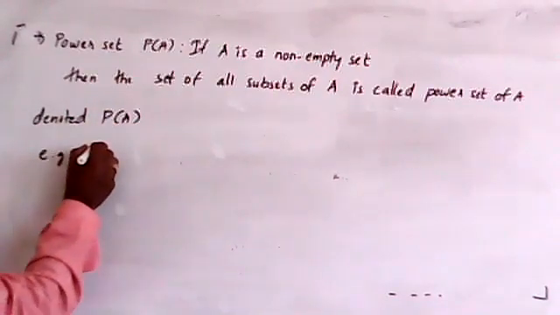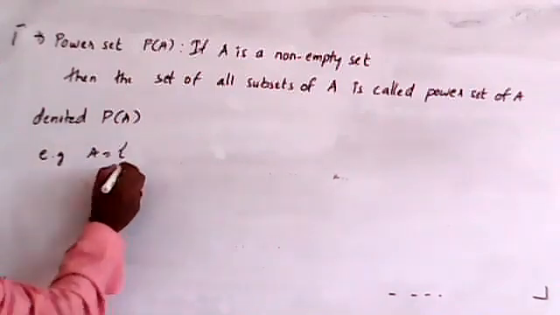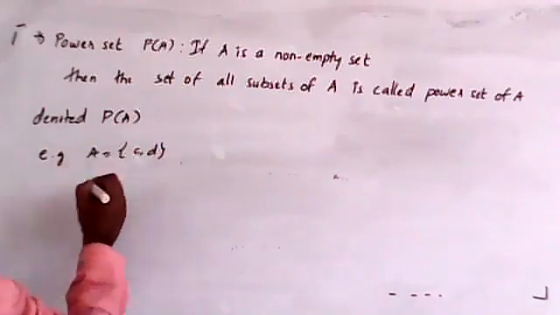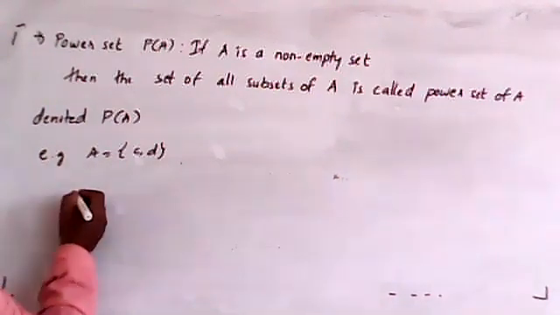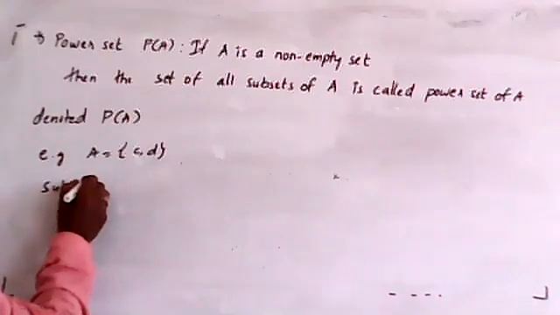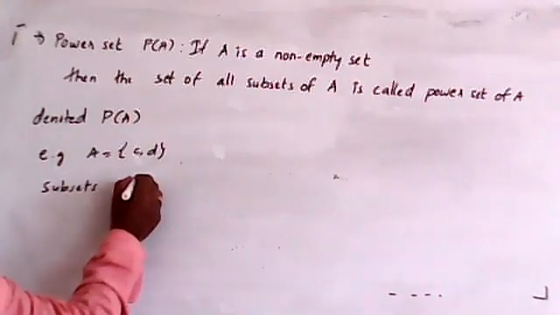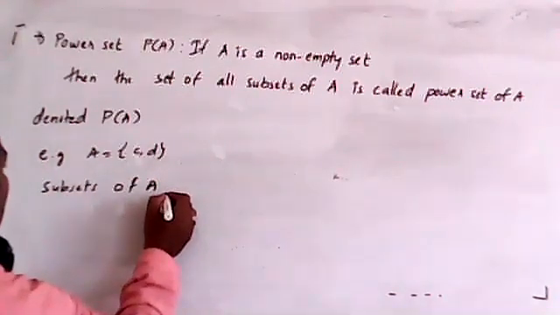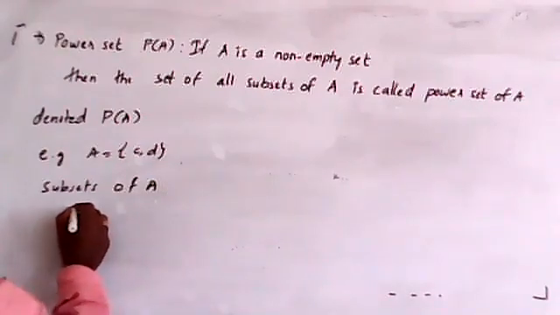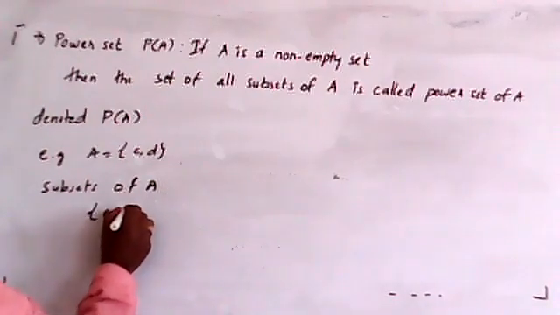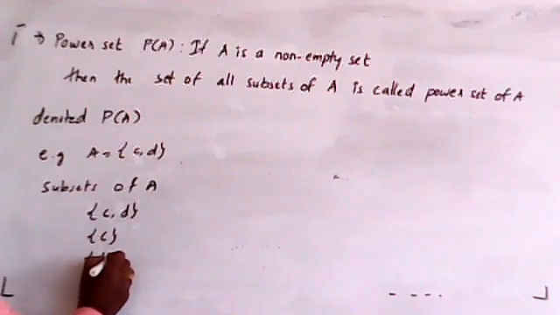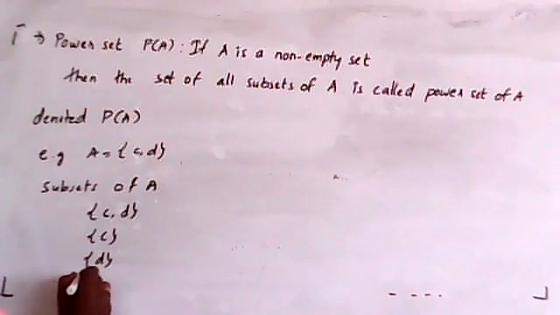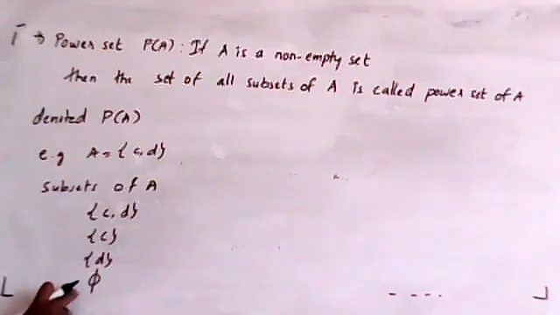Example: if I take A equal to C and D, then what are the subsets of A? First, the set itself is a subset, every individual element is a subset, and even the null set is a subset of all sets.